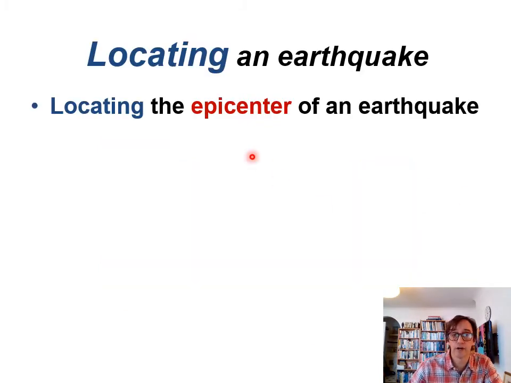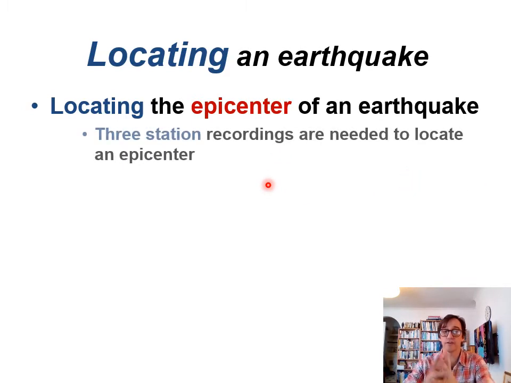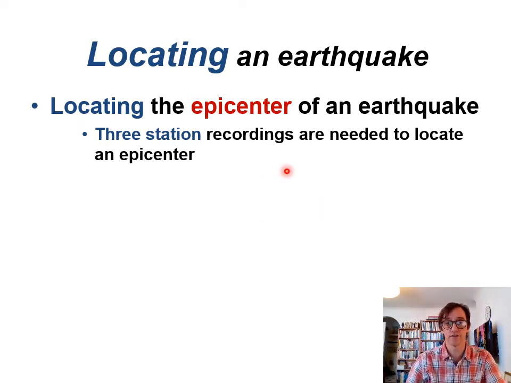Okay, so how you locate the epicenter, we'll use what we've just said, as will become apparent. You don't need just one seismograph station, you need at least 3, and just 3 are needed to locate the epicenter. It's all to do with triangulation, as we'll see.